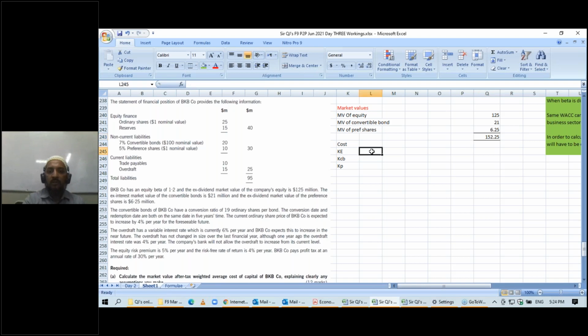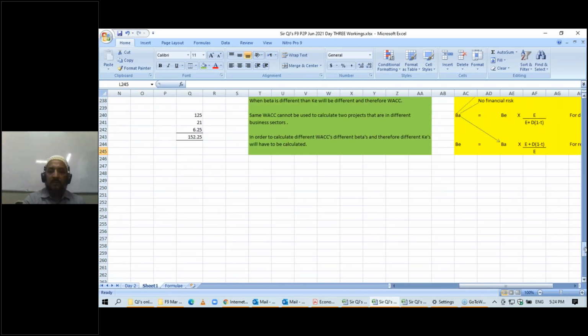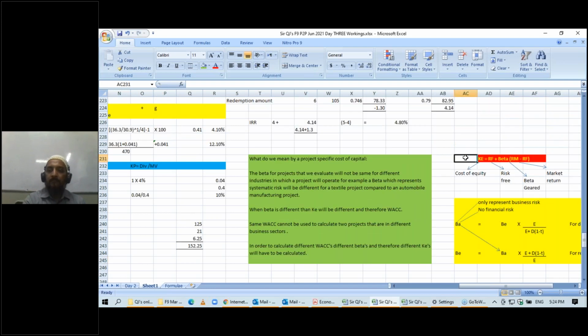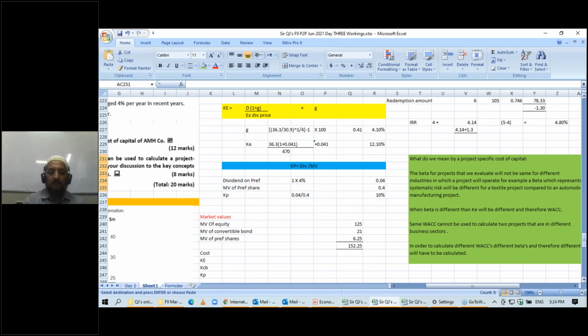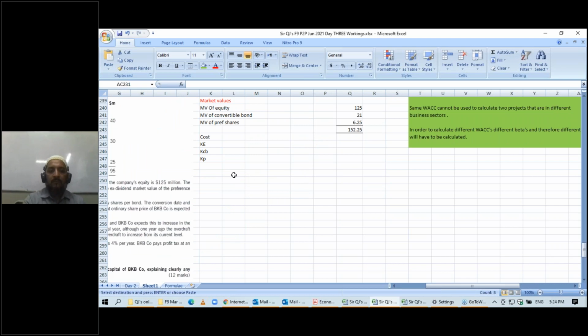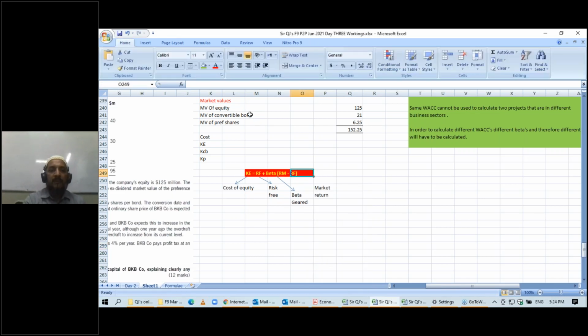Now moving on to the cost. For the cost of equity, you have to use the CAPM formula, which I recently explained. Instead of the market return and risk-free rate, they have given you the risk premium.